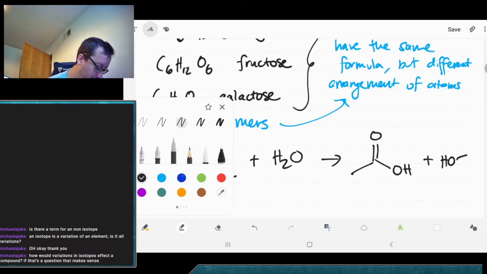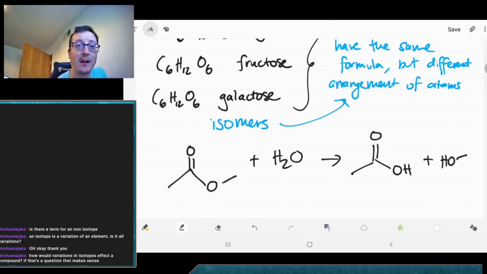If we wanted to track where this oxygen is going, if we wanted to see, okay, now we have 3 oxygens here, do we end up switching any oxygens out? Where does the oxygen from the water end up? It turns out it ends up here, by the way.